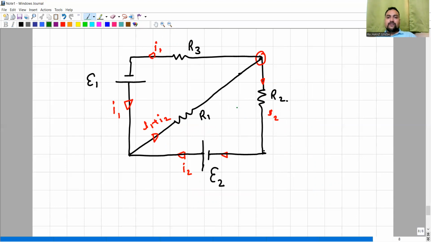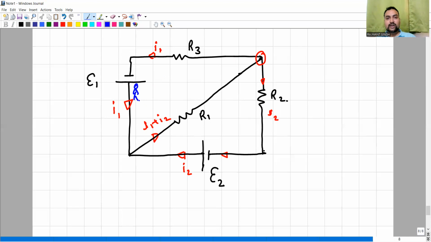Now, once you start solving the loop, you will have to decide the position that you are going to start from. There is absolutely no convention to start from any position. You can start your loop equation from this position. Assume that you are standing here and moving across like this, or you can start your loop equation from here and then come back here. You can start from any point, but it is more convenient when you are starting from the cell.